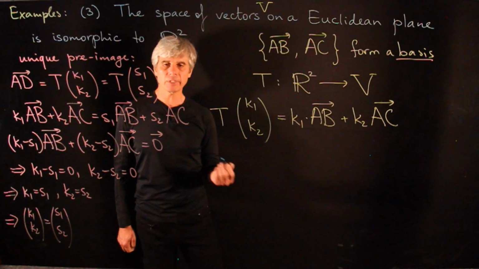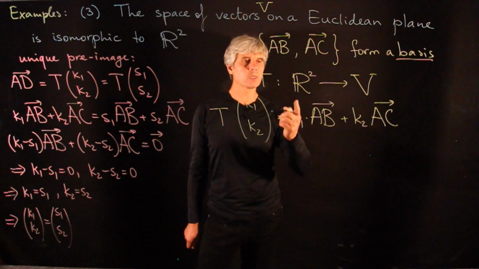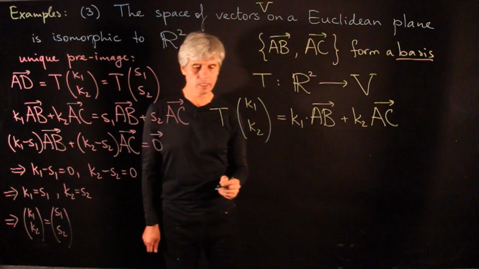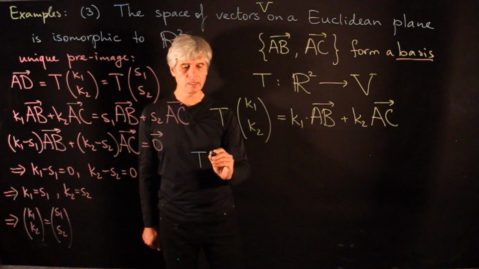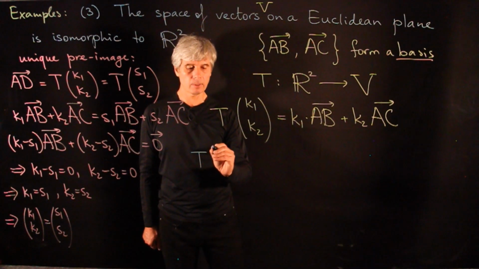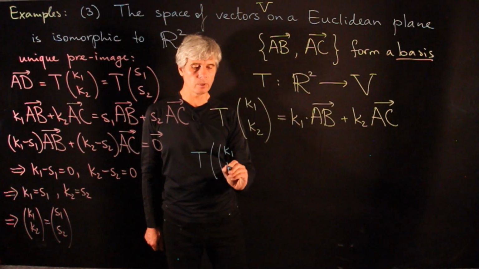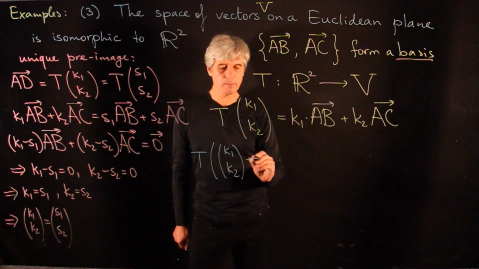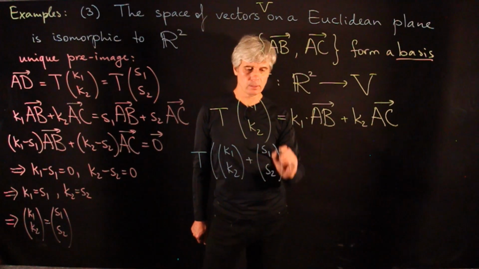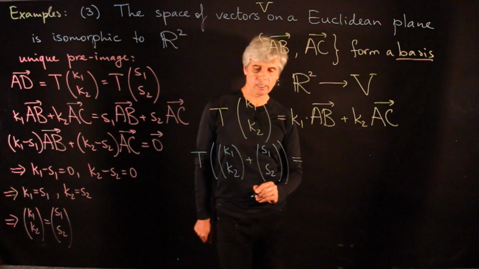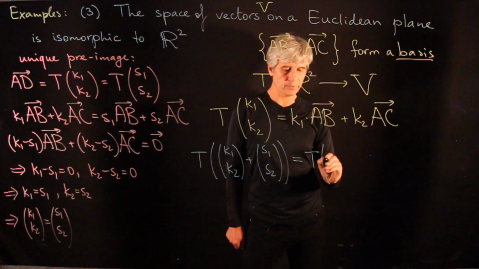Now let us investigate compatibility of this transformation with the operations of vector spaces. Here we need to show that the sum of two vectors is mapped to the sum of their images.